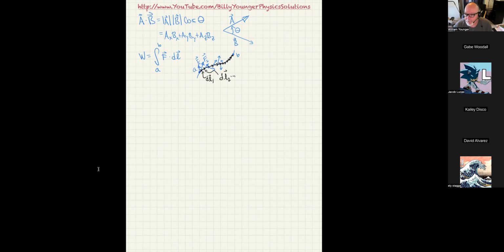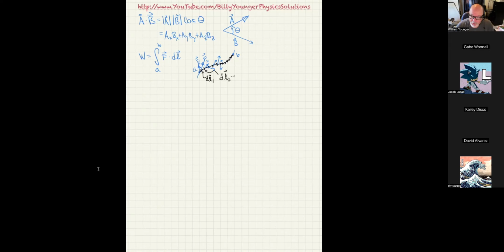Or you might have a literal function f of x, y, z equals 0, for instance, or f of x, y, z equals something other than 0. The main thing is all of those are ways to go about figuring out what the actual force is at various positions.